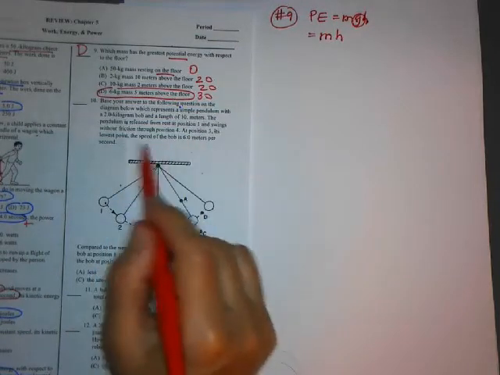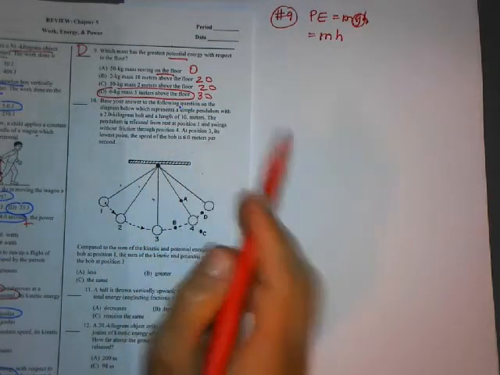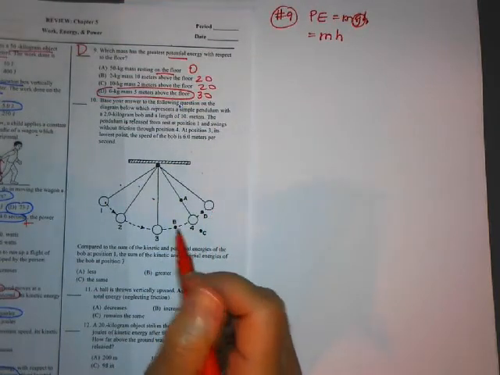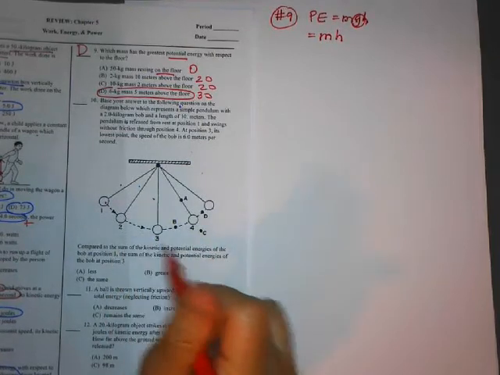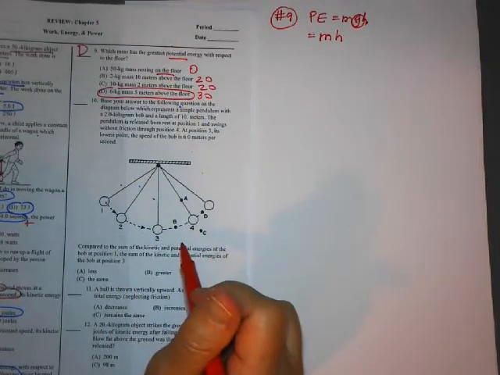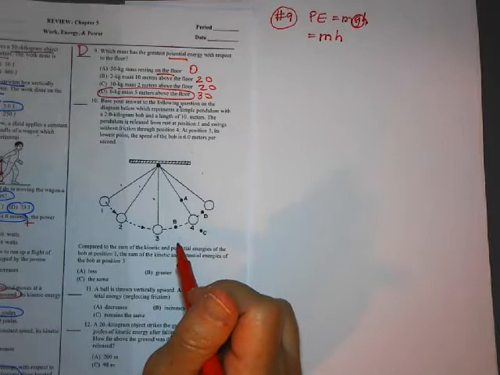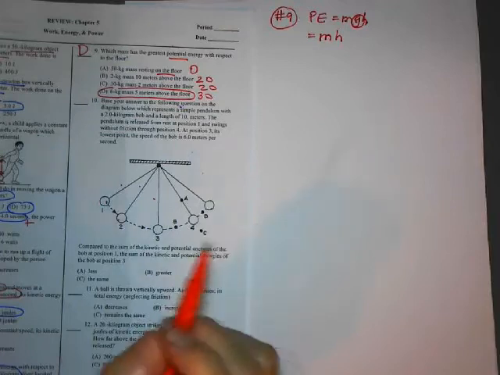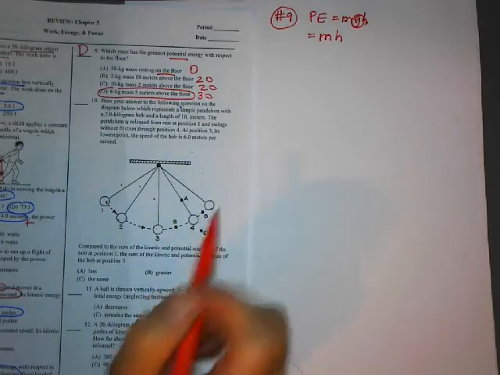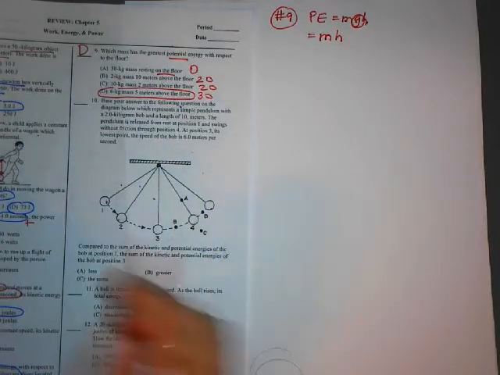At 3, its lowest point, the speed of the bob is 6 meters per second. So it says, compared to the sum of the kinetic and potential energy of the bob at 1, the sum is... So we learned that with conservation of energy, the total energy is going to be the same. So whether it's here, here, here, here, here, the sum of the potential and the kinetic are always going to be the same. So this is just the same.